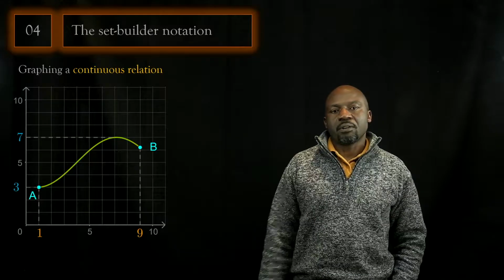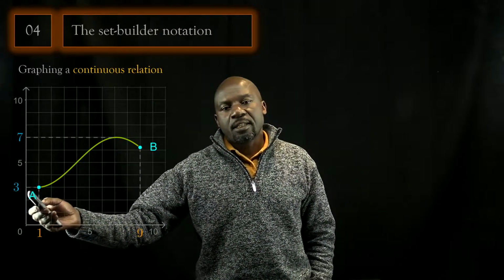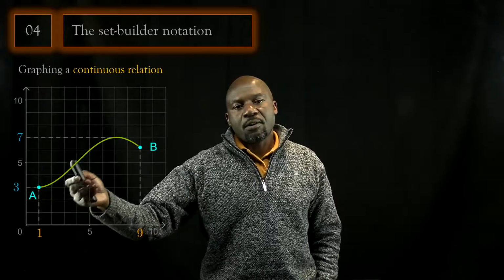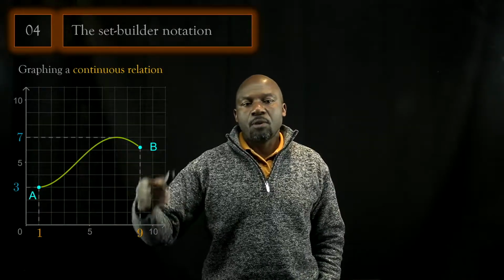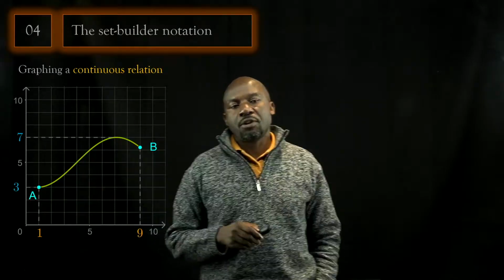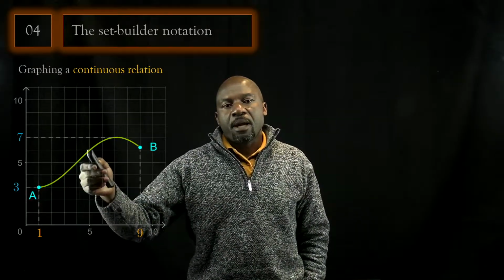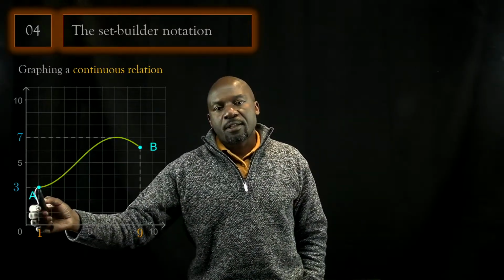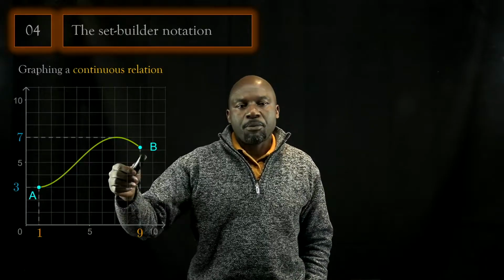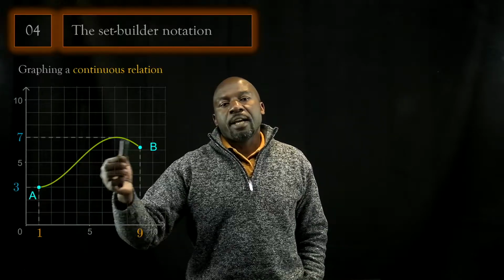Here is a graph of a continuous relation. Continuous means that all the points along the way are connected, so we can draw a line between points in a continuous function and not in a discrete function. If this is a continuous relation that starts from some point A to some point B, then what are the possible values of x?